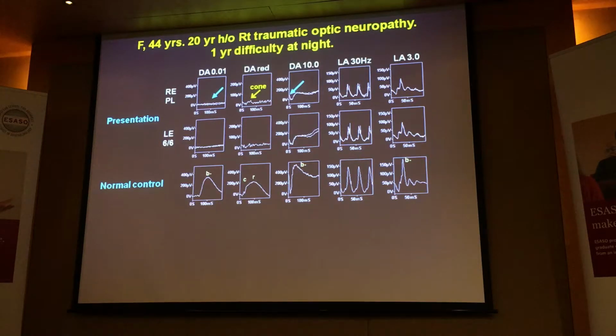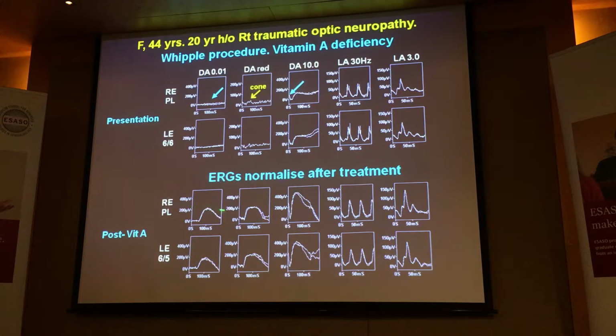And the patient had had the Whipple procedure, pancreatic tumour, and of course if you lose pancreatic function, you lose your digestive enzymes, you lose the ability to absorb fat soluble vitamins, and this is another case of vitamin A deficiency. And following replacement therapy, complete normalization.